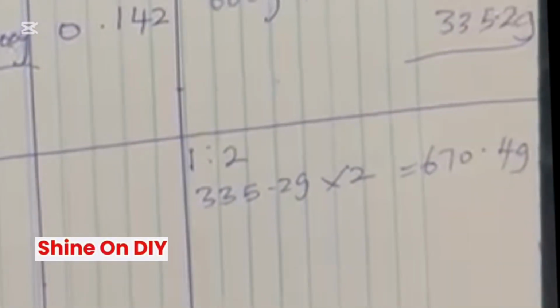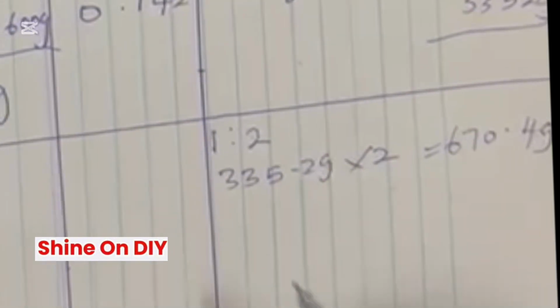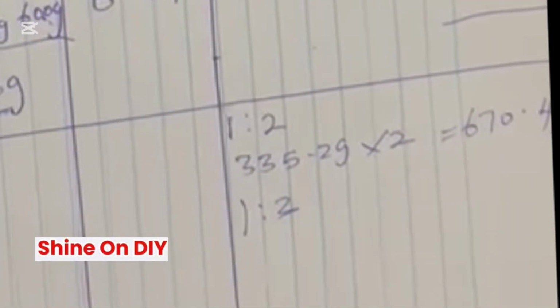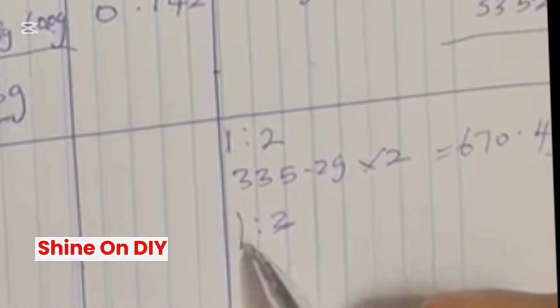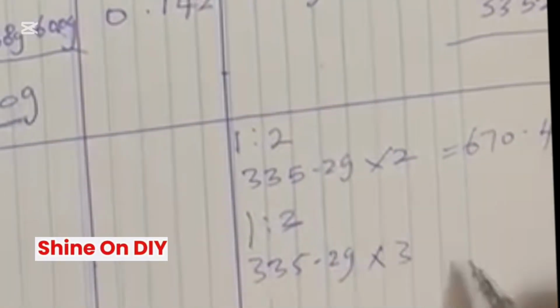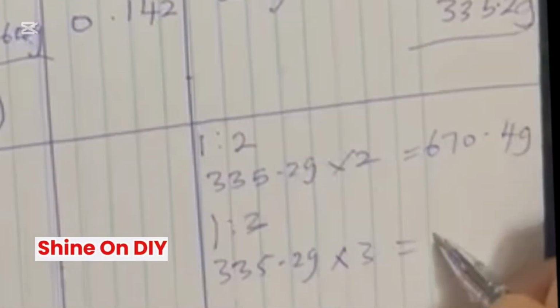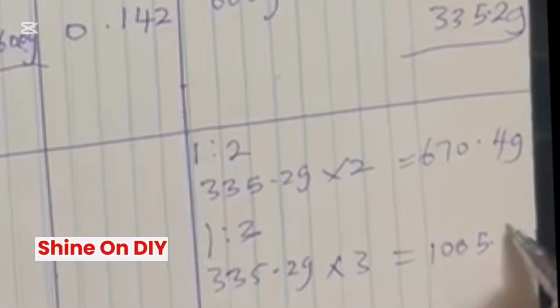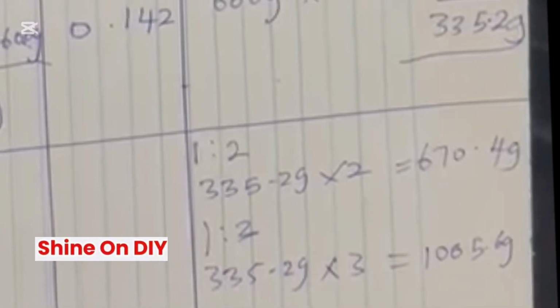But you can also use 1:3. What it simply means is that 1 part caustic soda equals 3 parts water. So what we will do is 335.2 grams times 3, which will give us 1,005.6 grams of water. This is a higher water.